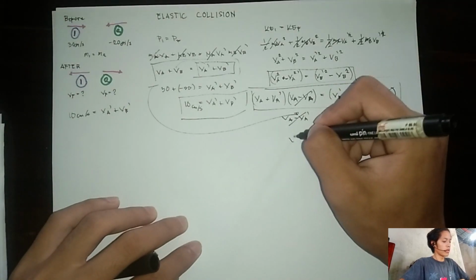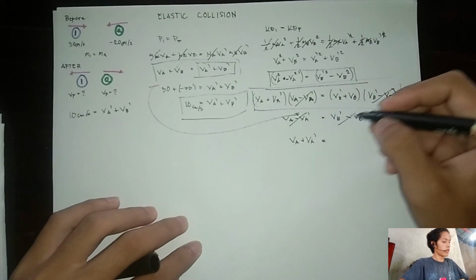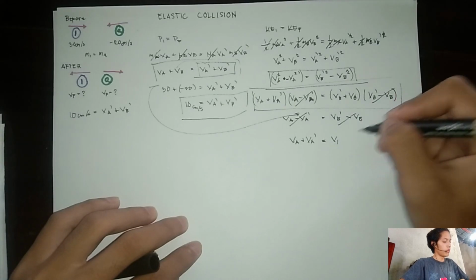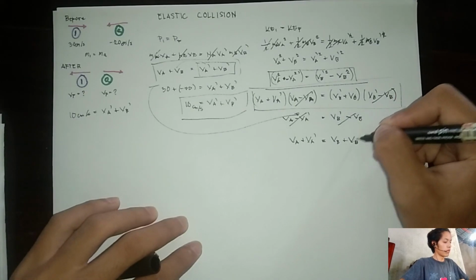Then, ang natira na lang is velocity A plus velocity A final equals velocity B plus velocity B final.